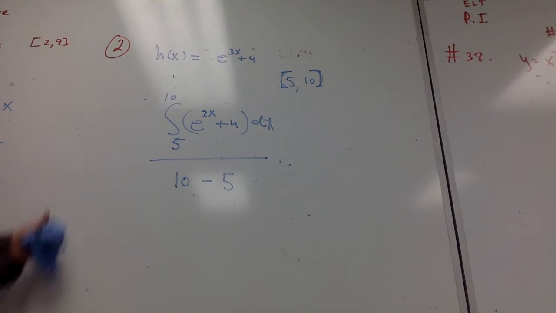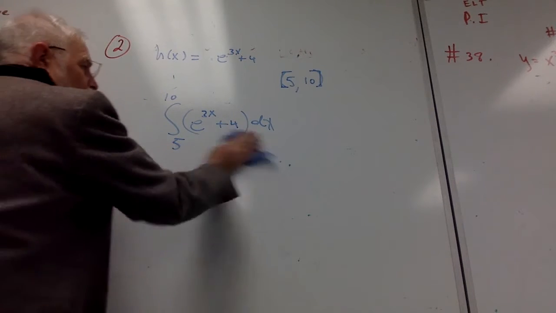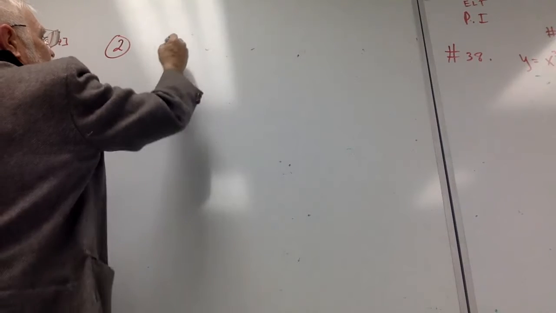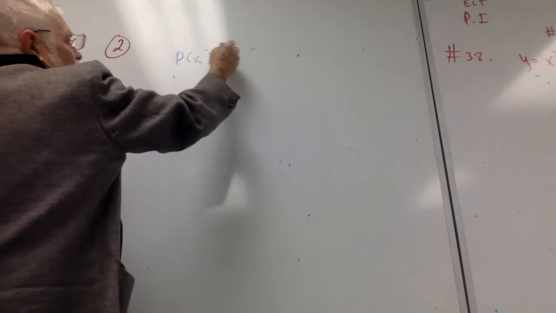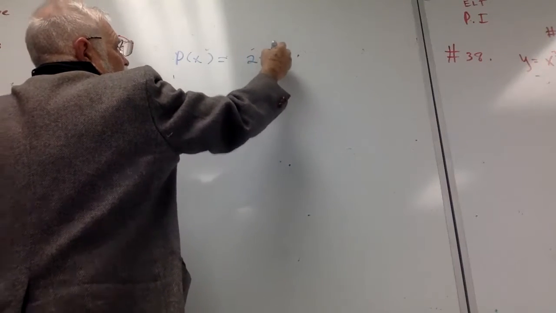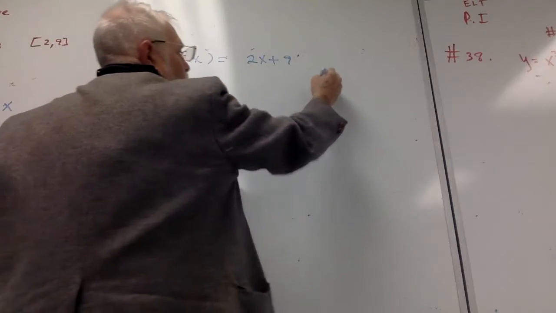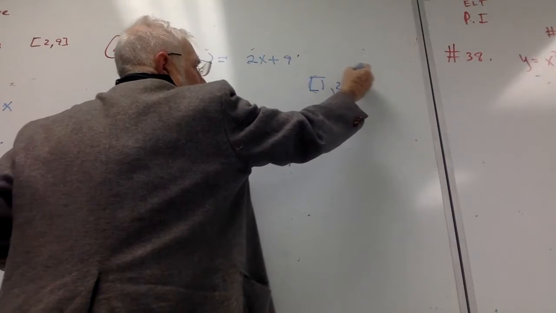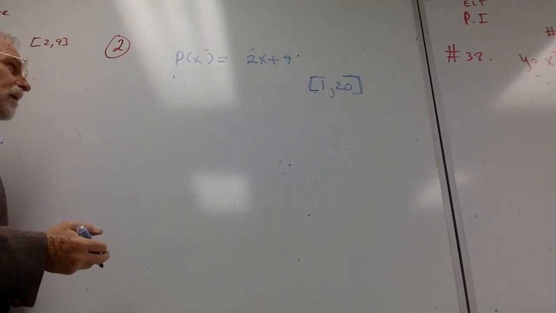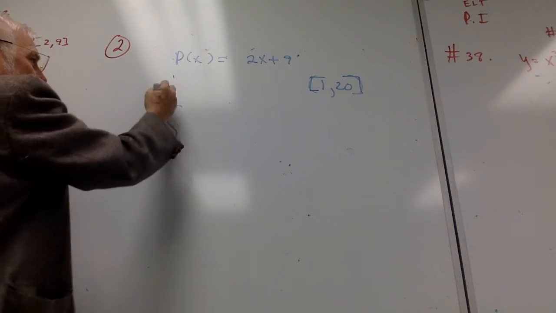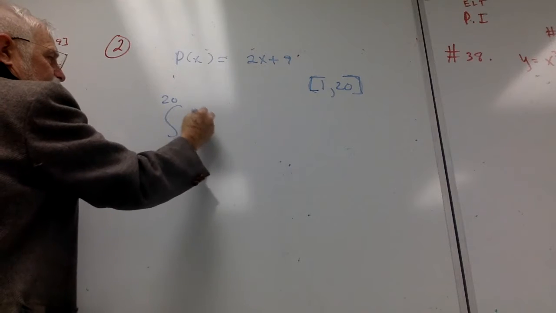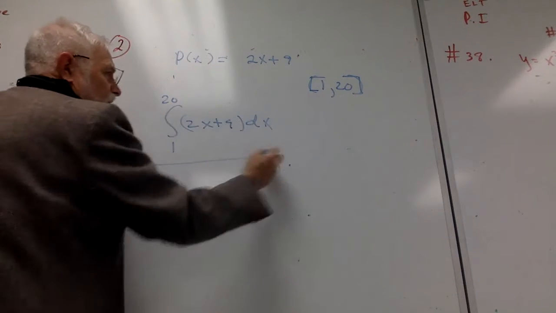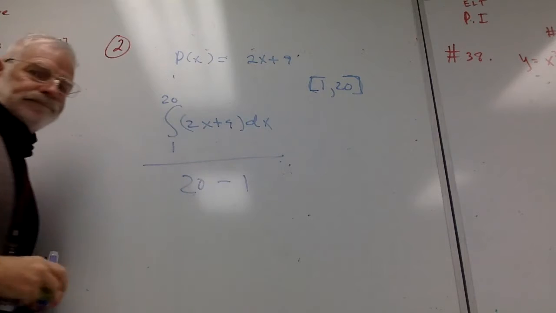Okay, so hopefully we'll do one more quick one. Just the mechanics. Let's do p of x. I want the average value of p of x equals 2x plus 9 from 1 to 20. Should be put in brackets, closed interval, from 1 to 20. You integrate from 1 to 20 the function I give you. And you divide by the interval, 20 minus 1.